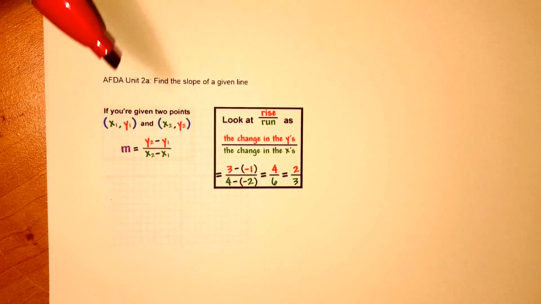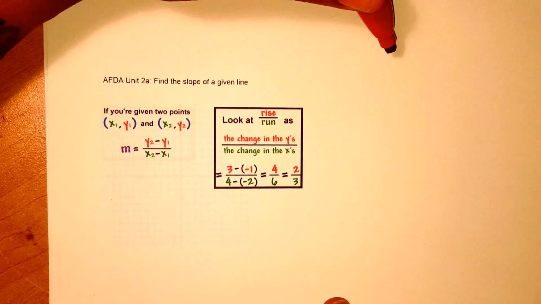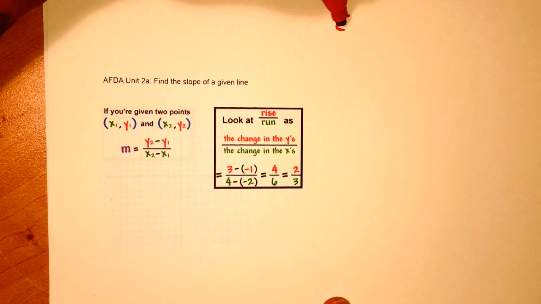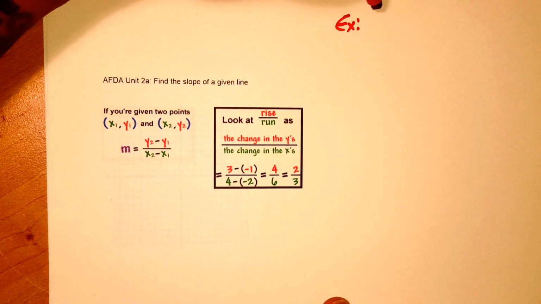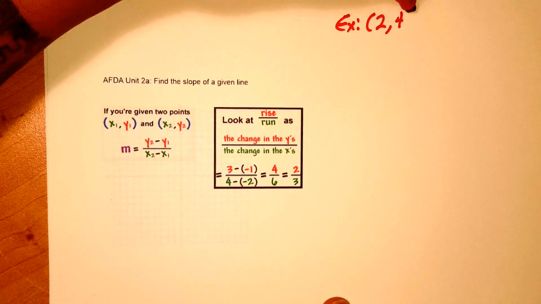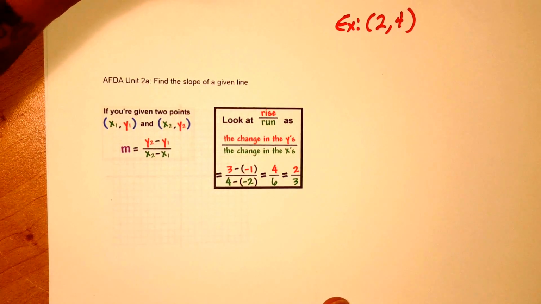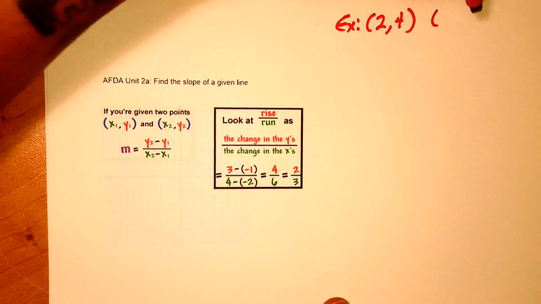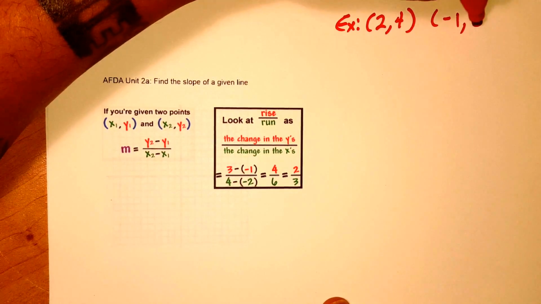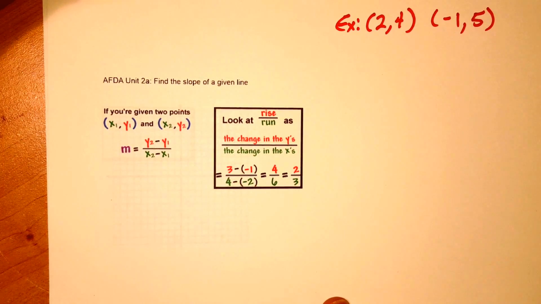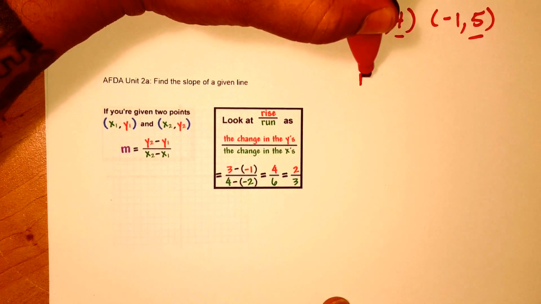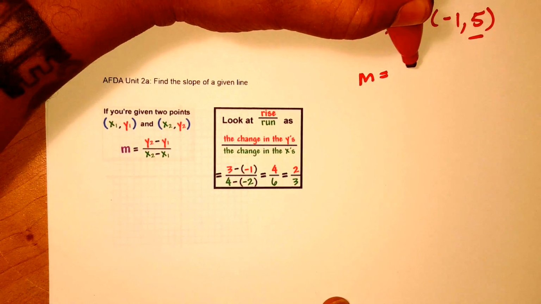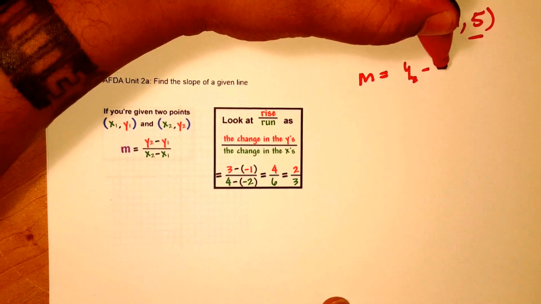We're going to do a quick example. So if we have 2 points, (2, 4) and (-1, 5), what we'll do is we'll take our y coordinates, 4 and 5, and we will follow our formula.